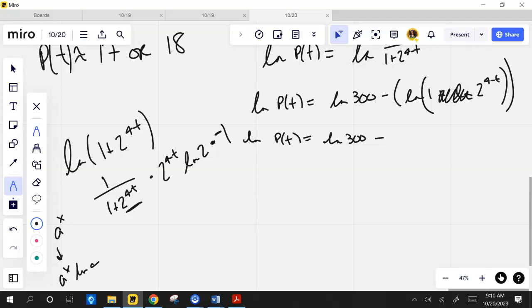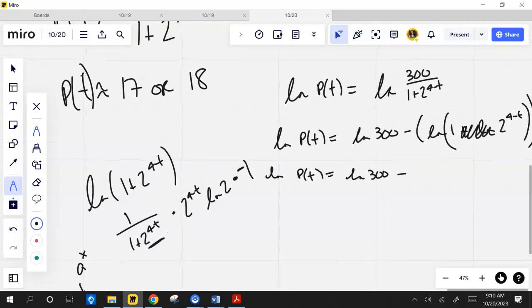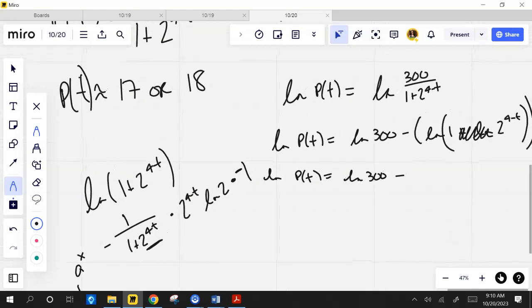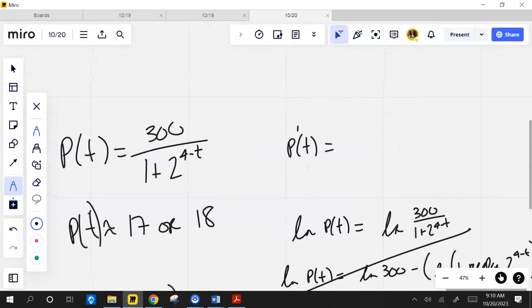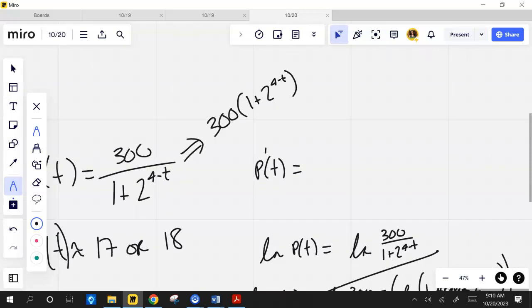So this one might be easier to do not logarithmic. Okay, let's not do logarithmic differentiation on this one. Let's just do the derivative here. Y'all okay with that? I'm going to make this 300 times 1 plus 2 to the 4 minus t. I'm going to still have to do a lot of that chain rule and stuff, but then I won't have the log embedded in that as well.